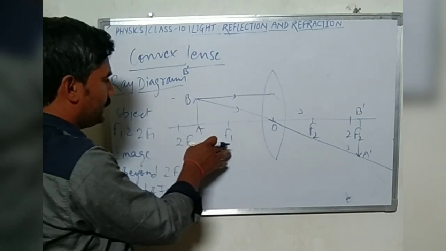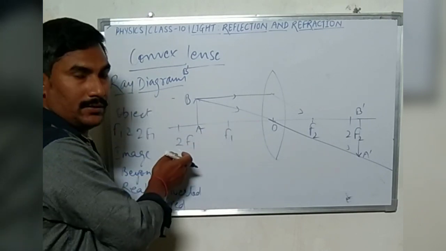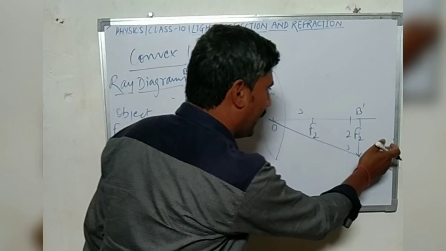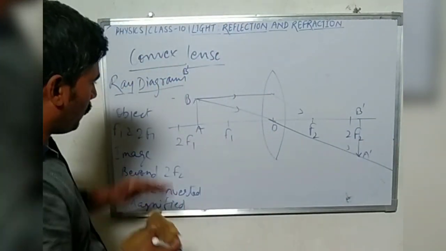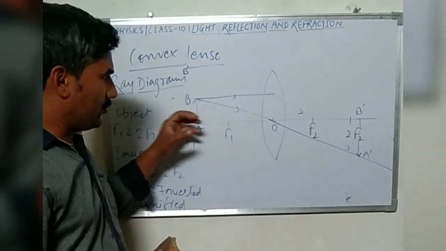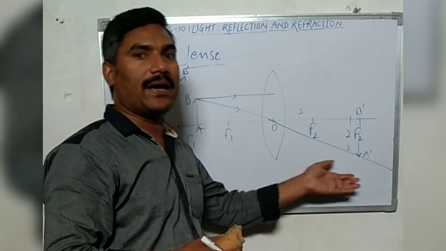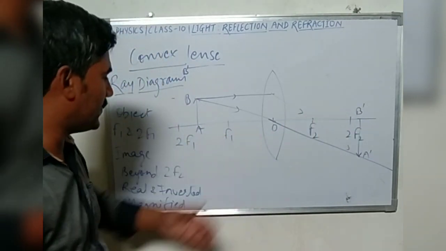Now in the third case, when it is placed between F1 and 2F1, the size of the image is magnified. So slowly, as the object approaches the lens, you are seeing the size of the image getting magnified. You have to notice this.